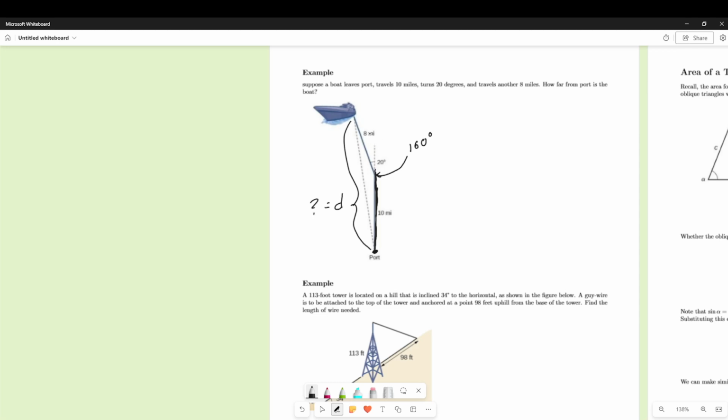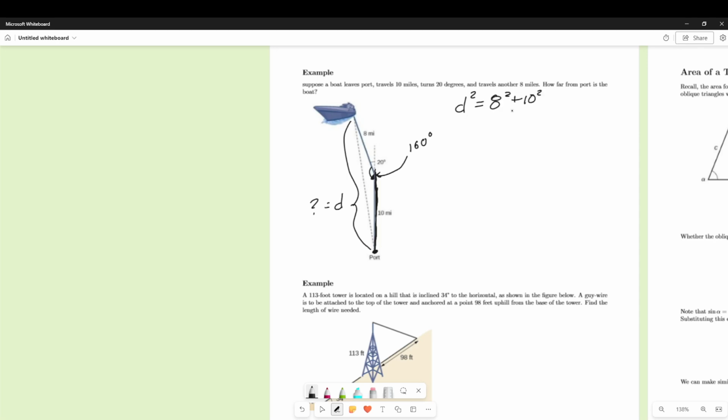Okay, well, we've got two lengths and the angle between them. That's what law of cosines wants. And we want the side length opposite this 160 degrees, so that's what law of cosines gives us. So the square of that has to equal the square of the 8 plus the square of the 10.